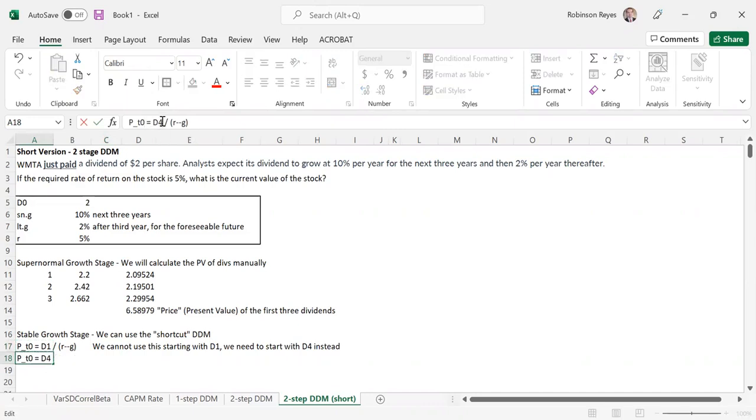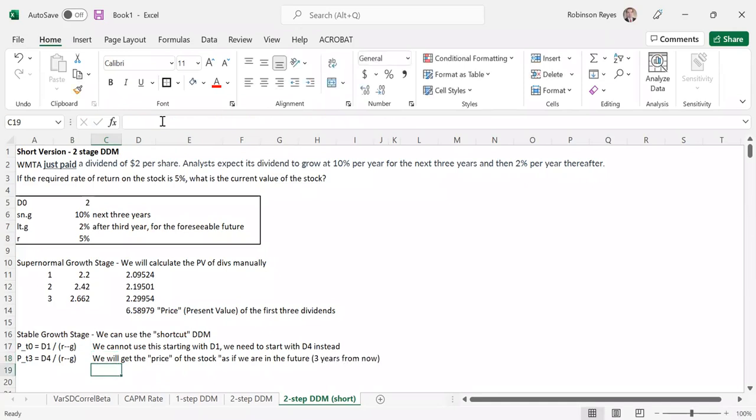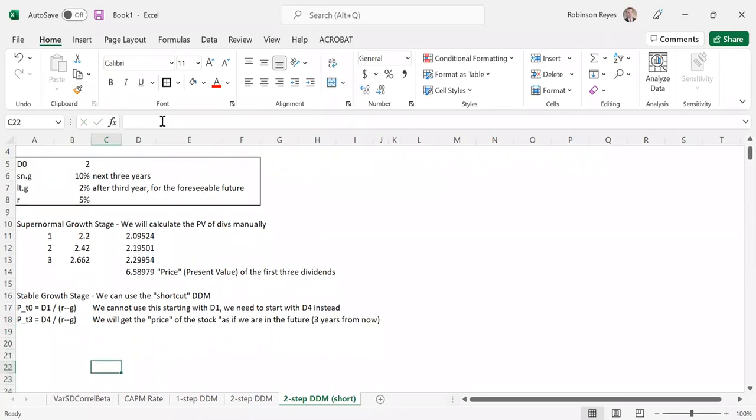Okay, so then the formula will change a little because we will start with D4. So then this will no longer be T0, but it will be T3. So we will get the price of the stock as if we are in the future, 3 years from now. When we get that price, we will have to bring it to present value.